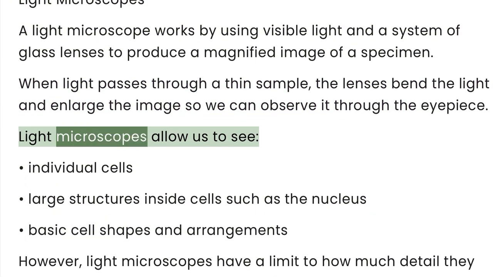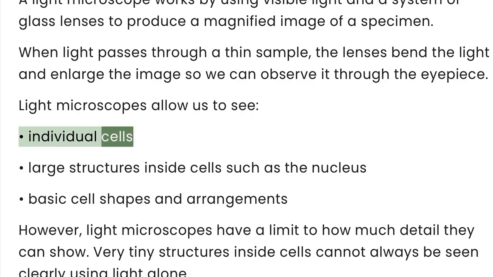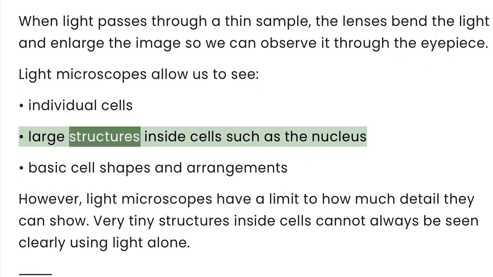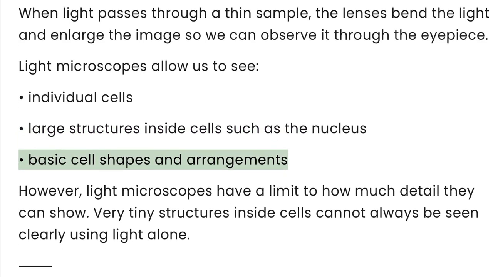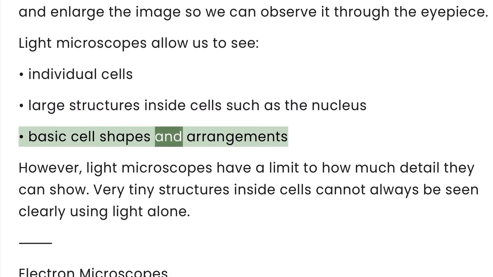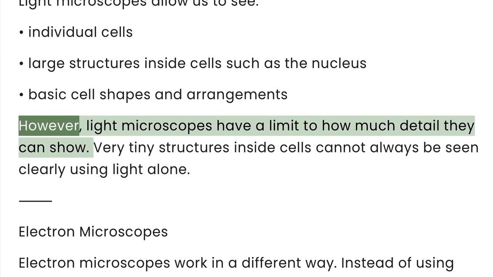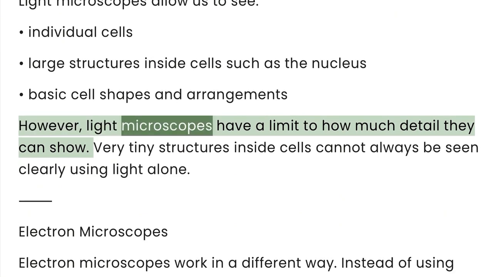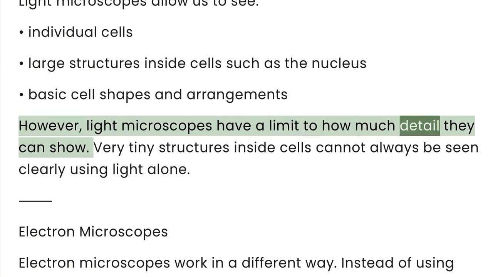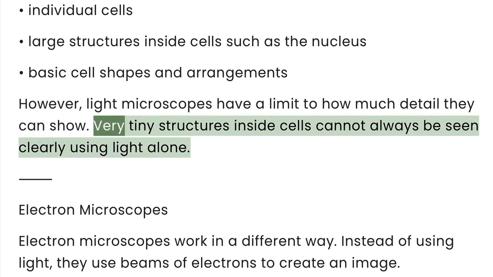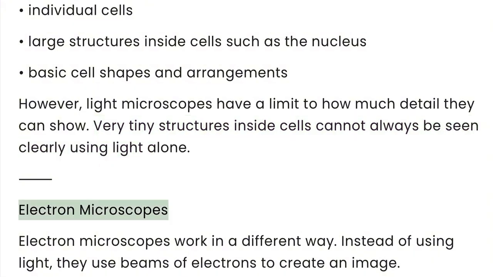Light microscopes allow us to see individual cells, large structures inside cells such as the nucleus, and basic cell shapes and arrangements. However, light microscopes have a limit to how much detail they can show. Very tiny structures inside cells cannot always be seen clearly using light alone.